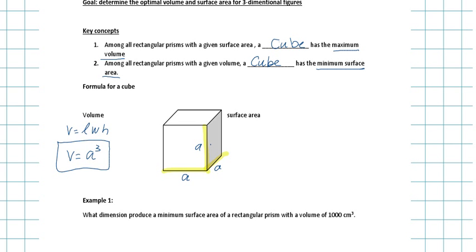I have 6 of them, so the surface area is 6A squared. Because the area of one face is A squared, I have 6 of them, so that is 6A squared. Okay? So anytime you're optimizing cubes, you are using these formulas.